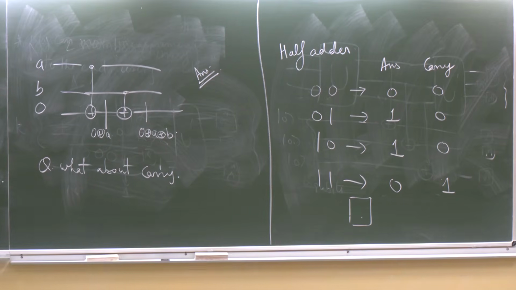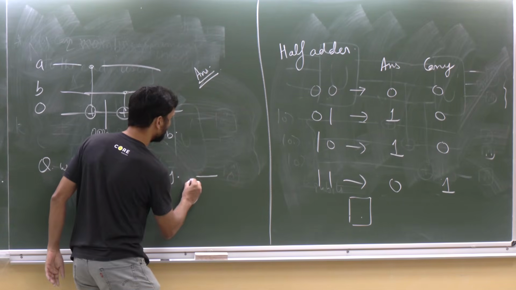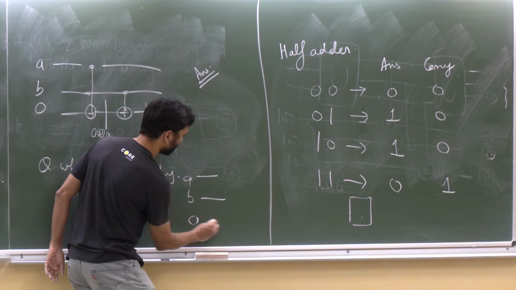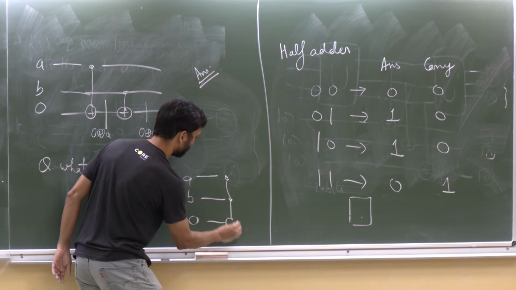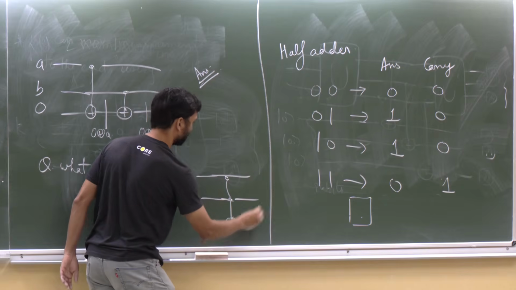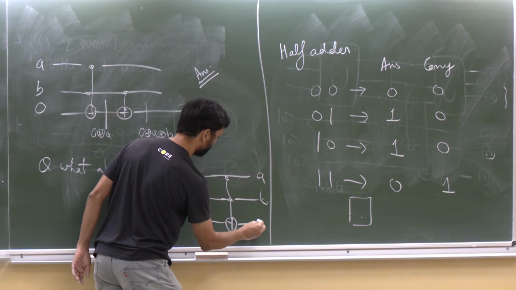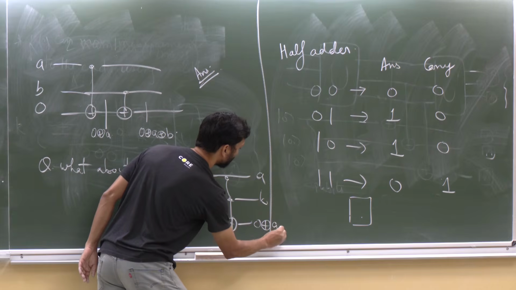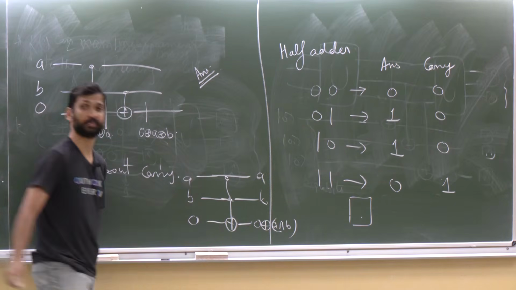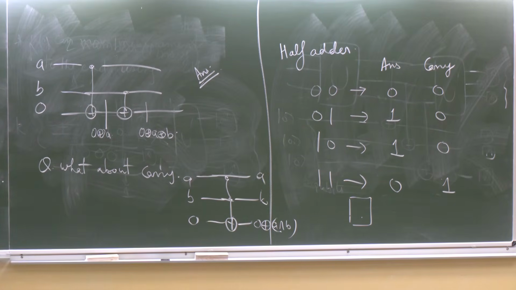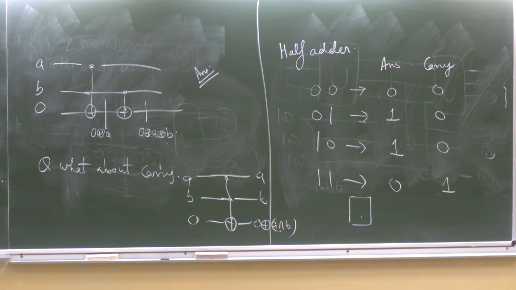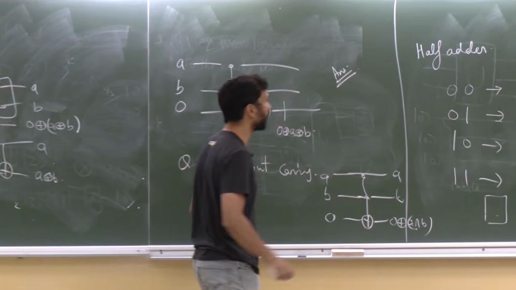So this carry is basically a CC0. Right. So what is the half adder circuit?